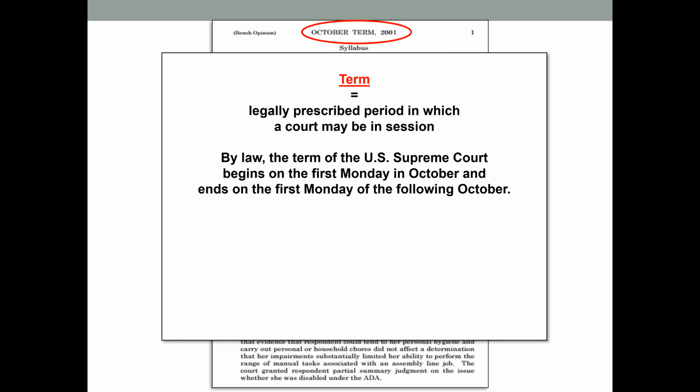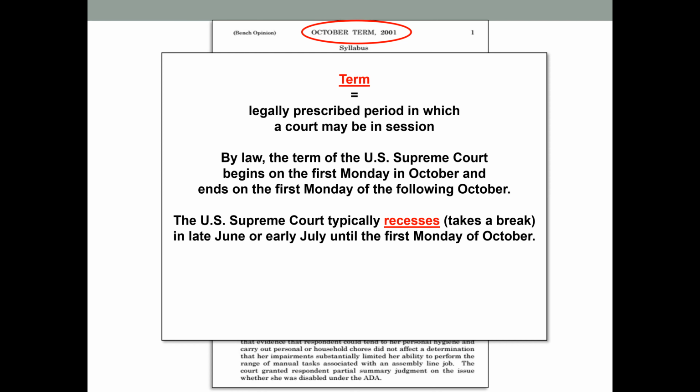Now, for the United States Supreme Court, by law, the term begins on the first Monday in October and it ends a year later on the first Monday of the following October. So it's from October to October.